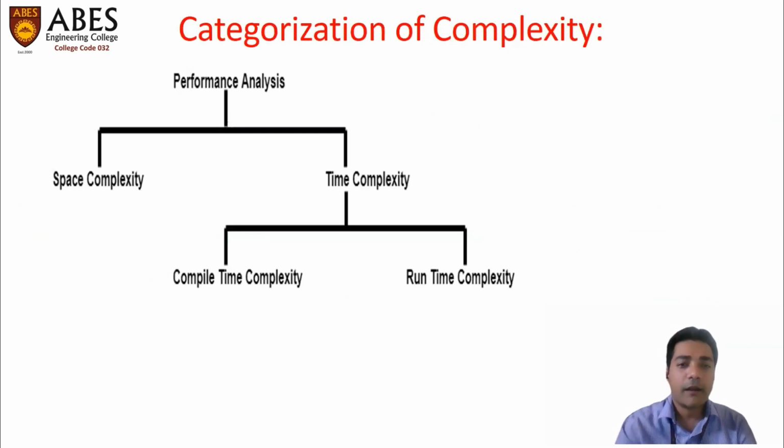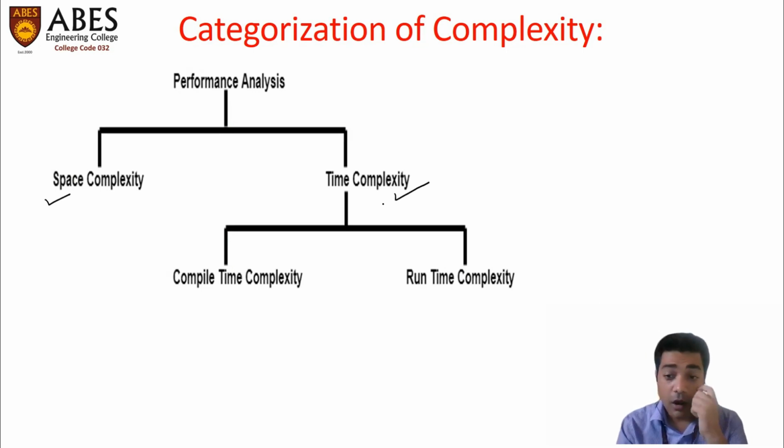Now, what are the categorizations of complexity? In performance analysis, we have already seen there is space complexity, how much space the algorithm or the program takes in the computer during execution, and time complexity, how much time it takes to get fully executed. When we talk about time complexity, there are two types of time: compile time and run time.